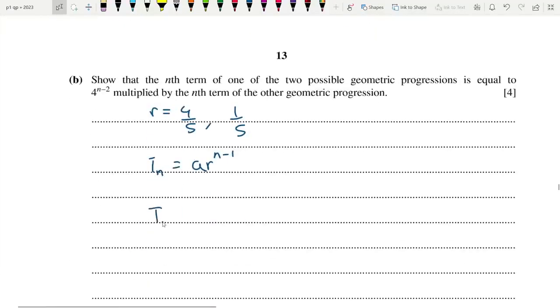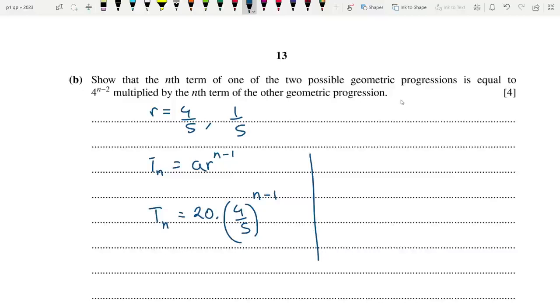So this is for the first one. We can write 20 times 4 by 5 to the power n minus 1. And for the other one, the first term was 80 times 1 by 5 to the power n minus 1.